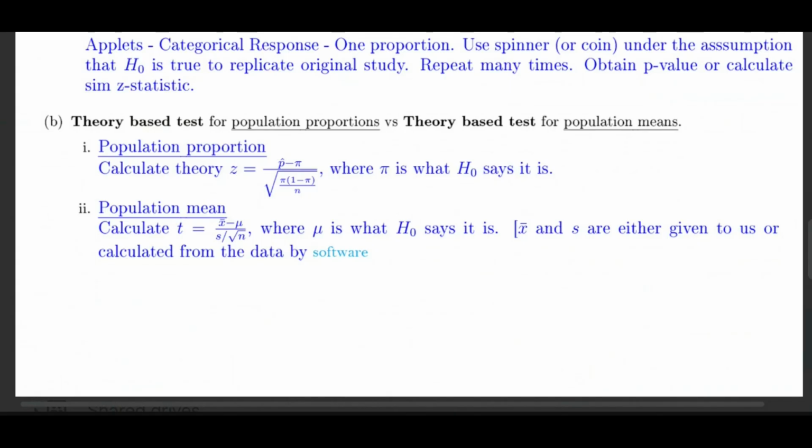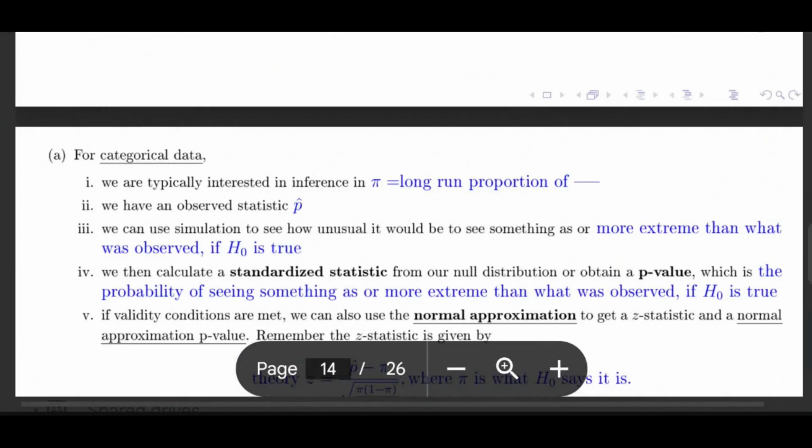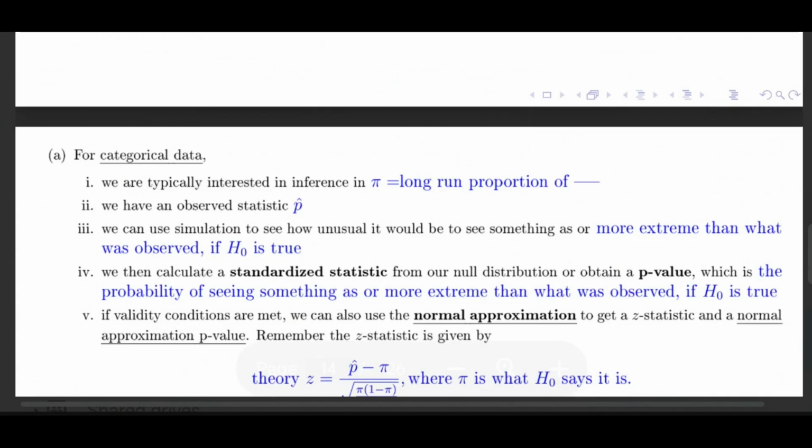Okay. Let's go on. For categorical data, we are typically interested in a long-run proportion of something. And you have correctly said that the long-run proportion symbol is pi. Notice I've kept this part blank because it depends what you're interested in.